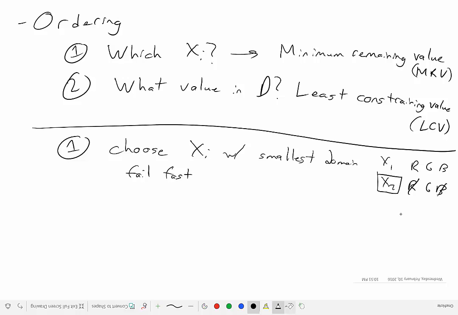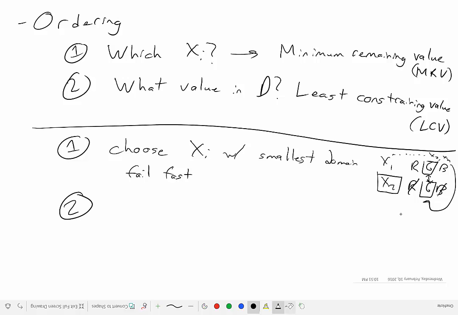I could have tried out many things. Let's say I chose green, and then I go on and assign x3 and x4, and I keep going. And finally, I come back and I'm like, okay, now I'll assign x2. But that's not valid because x1 and x2 are neighbors. And I found this out way too late. So the idea of minimum remaining value is to choose the most constricting of the constraints first.